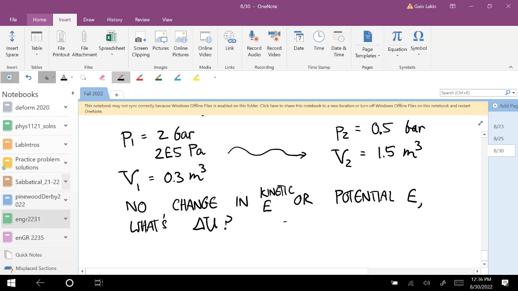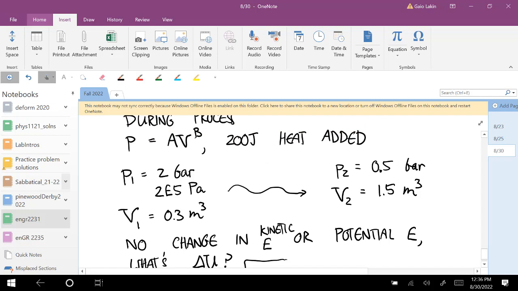Okay, so notice that we did one before where we had PV to the power 1.2 is equal to a constant. We had one unknown. In this case, we have two unknowns, A and B. That means we need to know pressure and volume at both of the two instants.